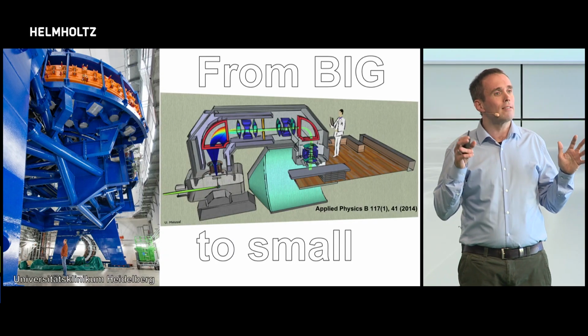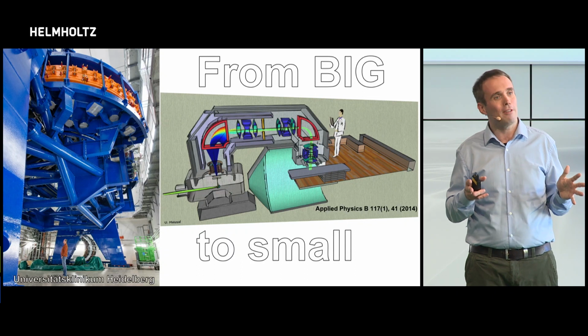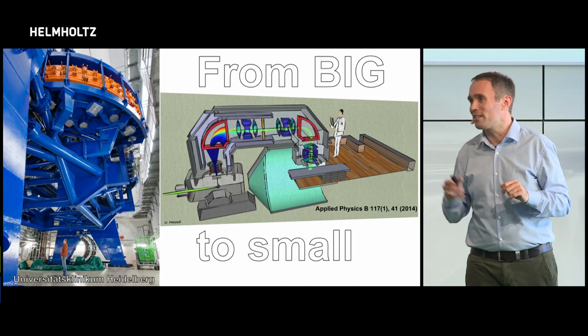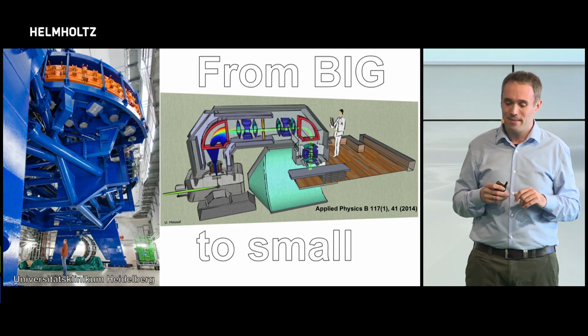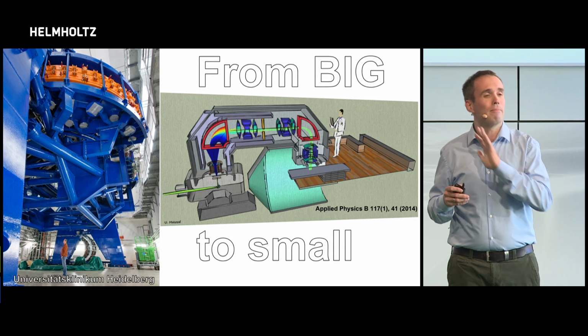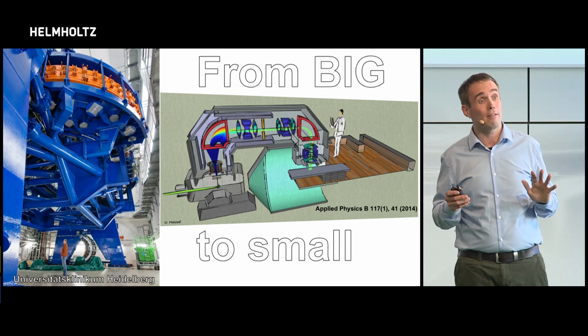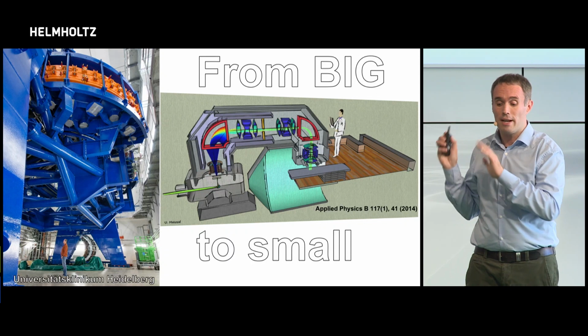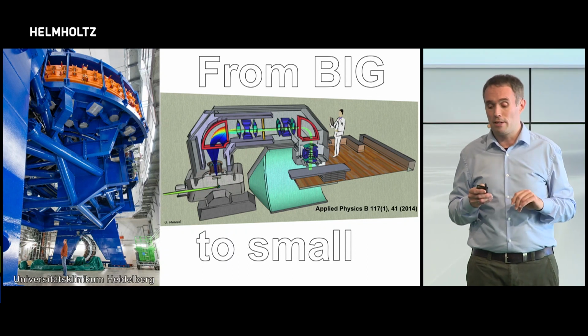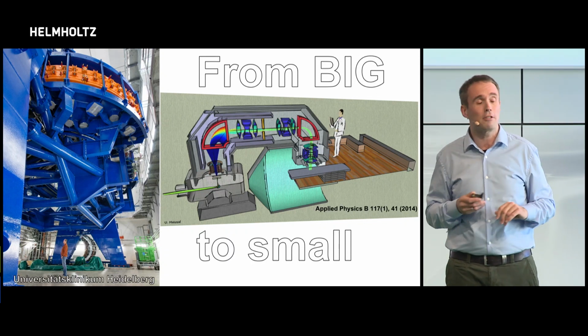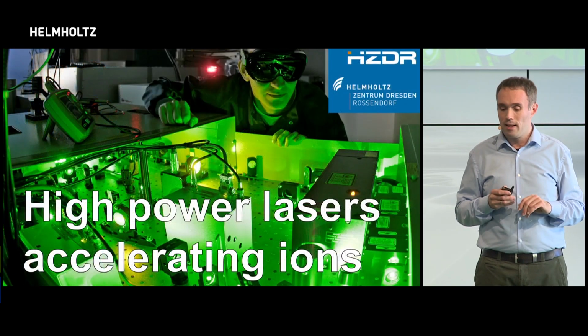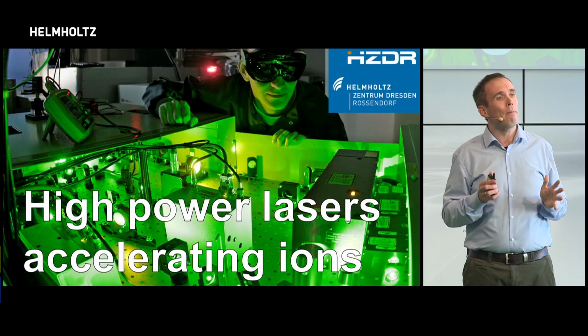What if we could make this really, really small? What if we could put this into our basement, as was just said? So this is our dream, this is our vision. We're not there yet. We're researchers trying to test this research to bring it into application. And we're doing this with high-power lasers.